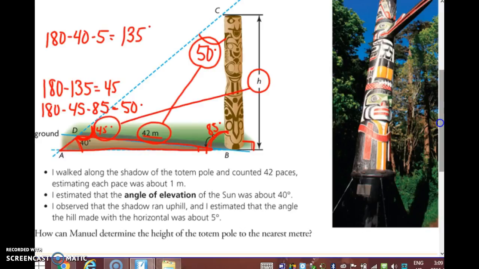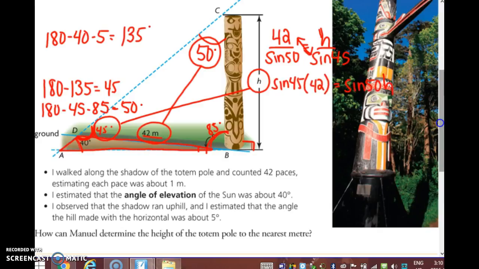We'll set it up as 42 over sine 50 is equal to h, for the height, over sine 45. Okay, so when we cross multiply, we get sine 45 times 42 is equal to sine 50 times h.